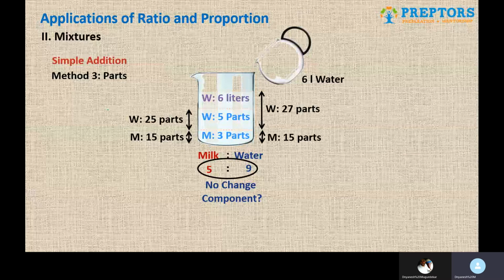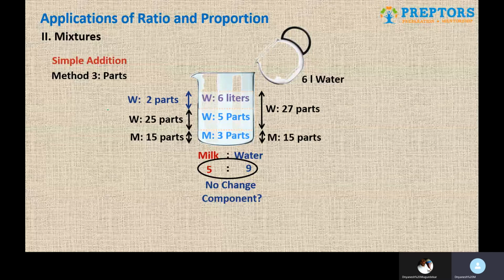And if you logically think about why the water would have increased by 2 parts, obviously it is because we added 6 liters of water. So what we can conclude is that the addition in the water by 2 parts is because we added 6 liters of water, and that tells us 2 parts is 6 liters, 1 part is 3 liters.